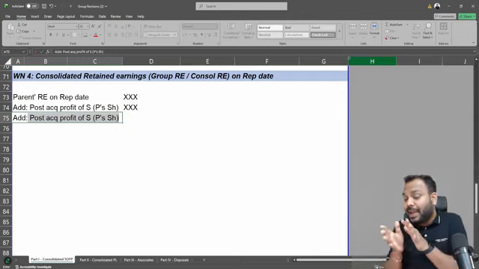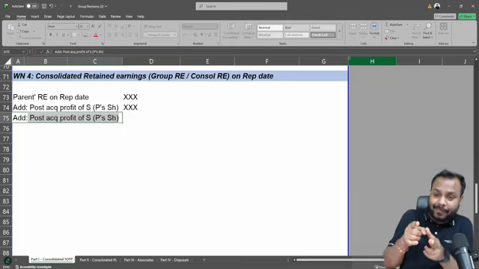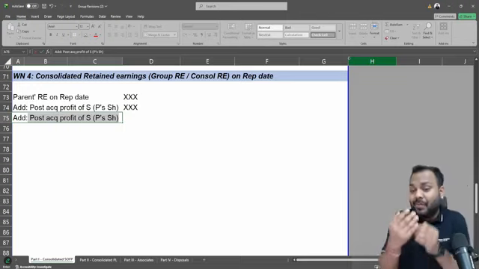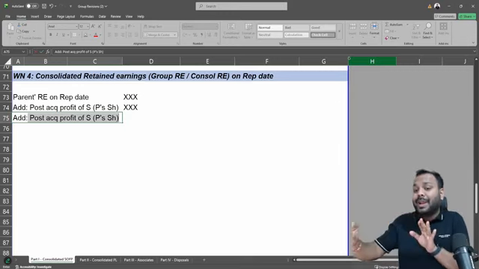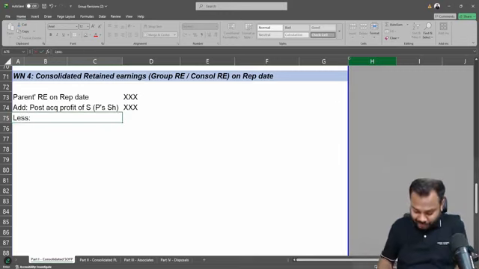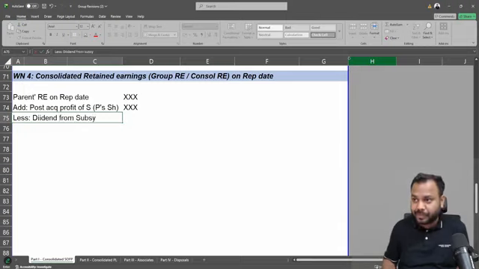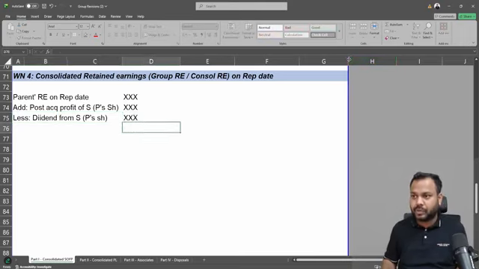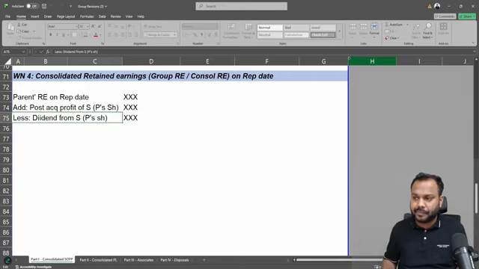If subsidiary has paid some dividend, parent would have recognized that as income, but when we're preparing group FS, we have to eliminate the dividend, right? So less dividend from S, parent's share.